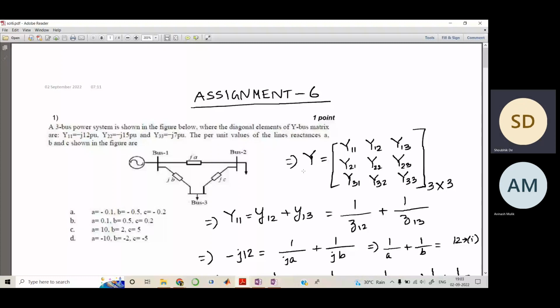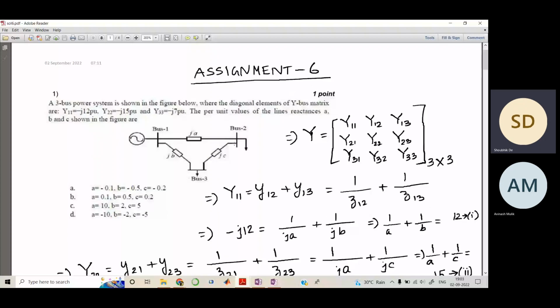Now, for this, we need the knowledge of the bus admittance matrix, which is given by this. Since this is a 3-bus network system, we have this 3 cross 3 matrix: Y11, Y12, Y13, and so on. Capital Y11 is the sum of the admittances Y12 and Y13. Admittance is just the inverse of impedance, so 1 by Z12 and similarly Z13.